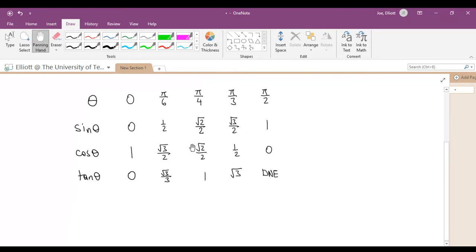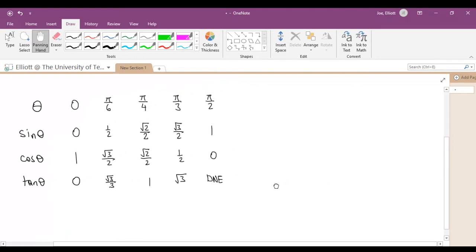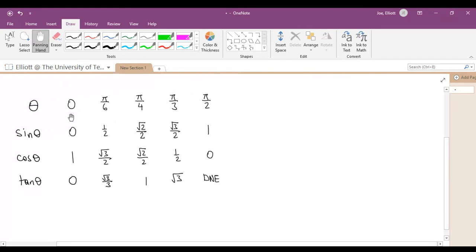These values of sine that we have: 0, 1/2, square root of 2 over 2, square root of 3 over 2, and then 1, are actually equivalent to the following. 0 is the same as square root of 0 over 2. 1/2 is the same as the square root of 1 over 2.